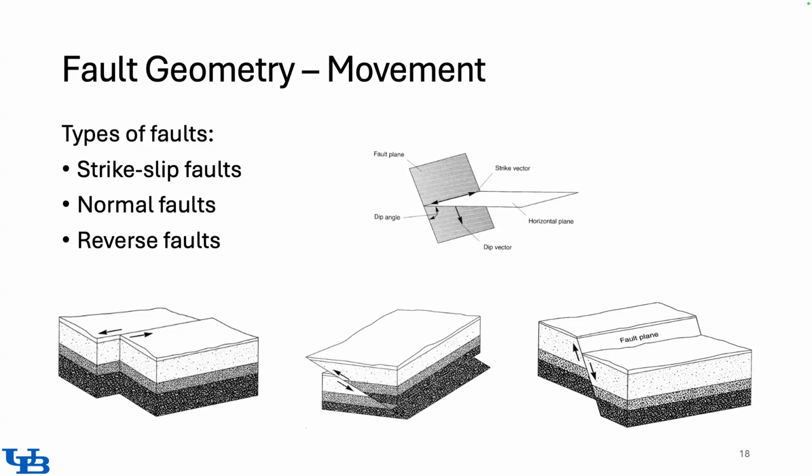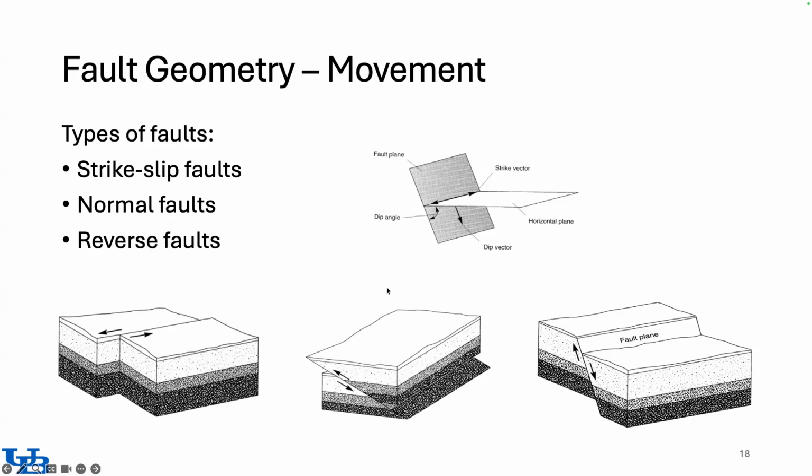So that describes how plates are moving relative to each other on a macro scale, but on a more microscopic scale, we have individual faults. And there are three types of faults that are associated with those three plate boundaries. We have strike-slip faults, where the primary movement is horizontal sliding of the two sides of the fault past each other.